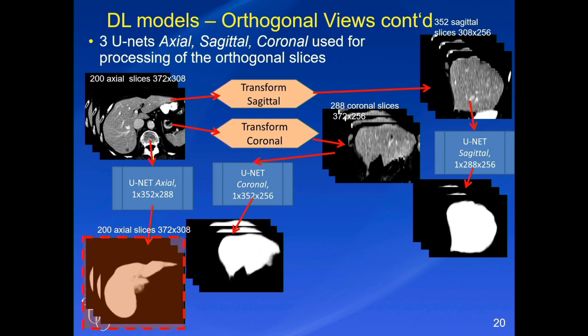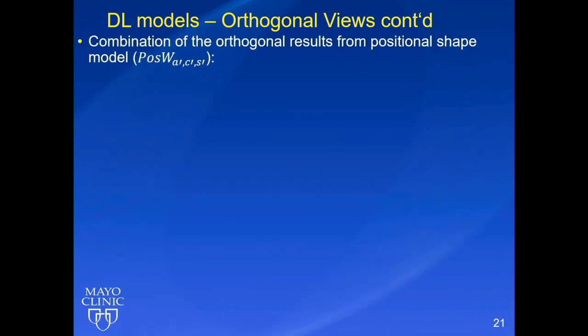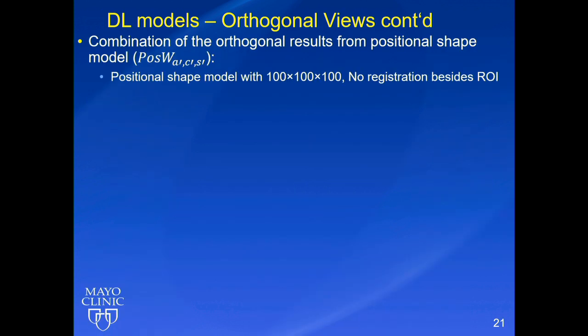So what you get are 3 binary results, and if you transform them back to the axial view, you have 3 almost the same but slightly varying outcomes of axial sections. The ones that are really axial and the others that have intermediately been processed in another direction. And combining these 3, we also expected some improvement of the axial slices.